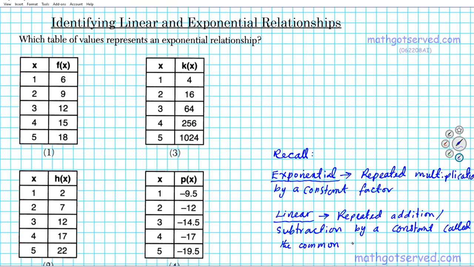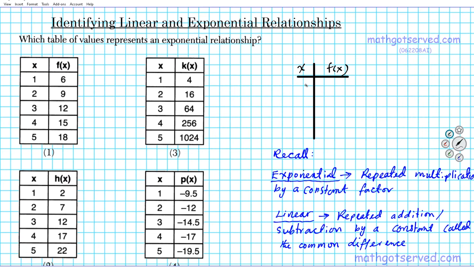All right, so let's take a look at a generalized representation of an exponential relationship. So let's say we have x and the output f of x. Okay, so this is just a random example to illustrate the relationship between the terms in the output side of an exponential relationship.